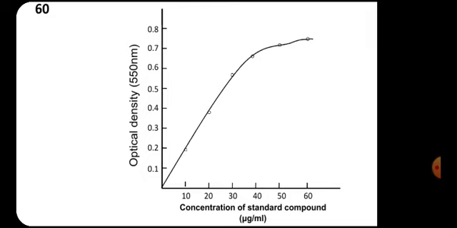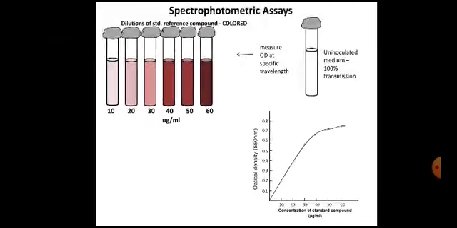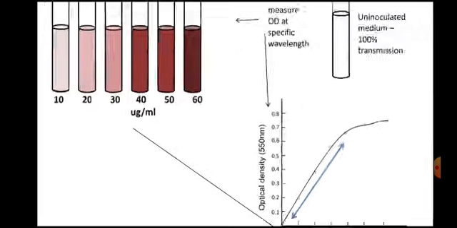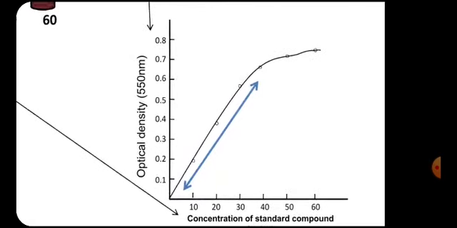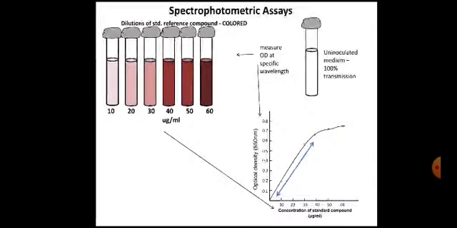What we can use for reading the results is the linear part of the graph, this part, because this part follows Beer and Lambert's law, and the latter part does not follow Beer and Lambert's law. So only this part is chosen. This is how we have prepared a standard graph using a standard reference compound.